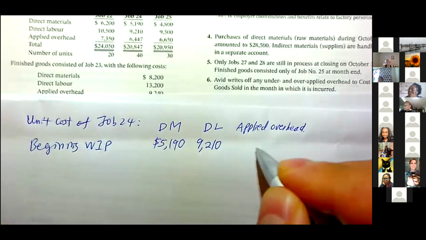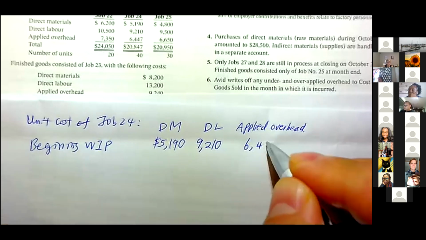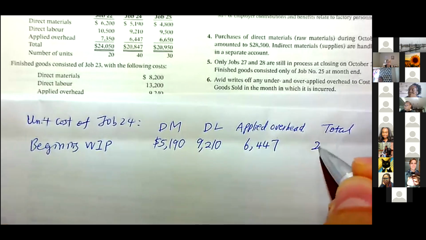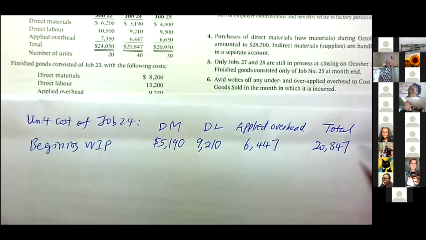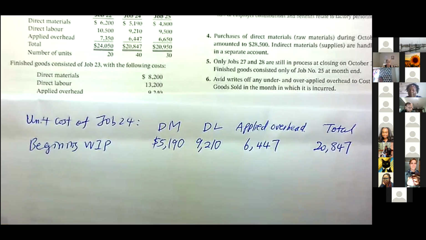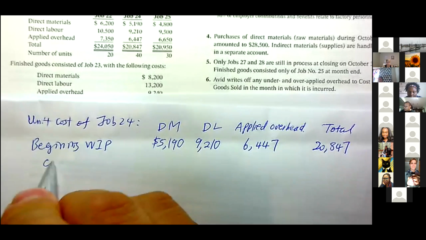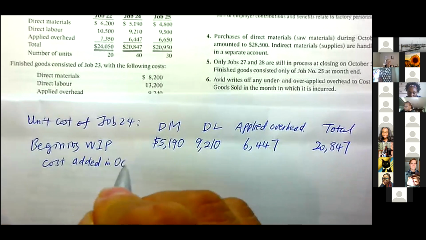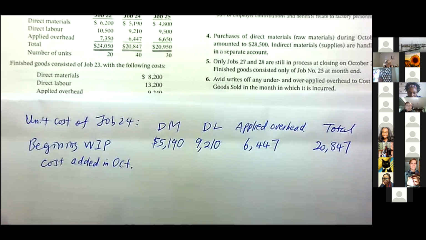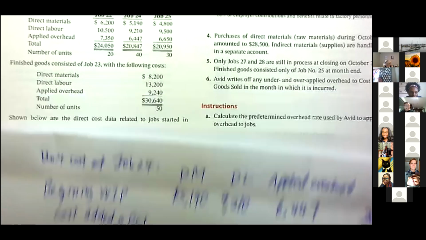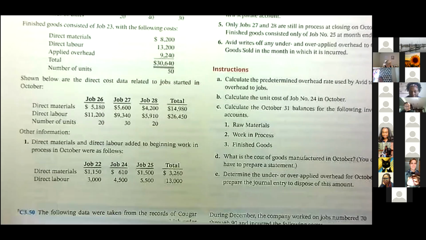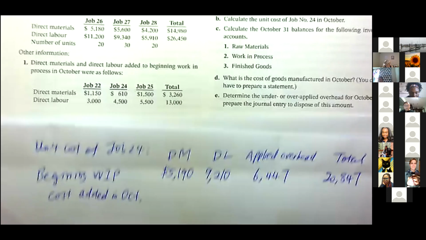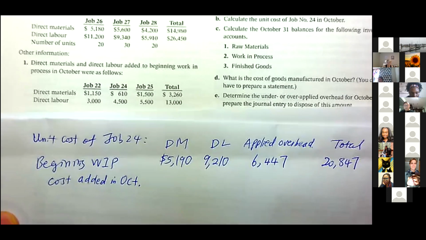Applied overhead, that's 6,447, and the total here for the beginning is 20,847. And then in October, we have costs added in October, right? So now that information is here. Unfortunately, I covered it here. Boy, I need to really move this up. Now it's good, right?